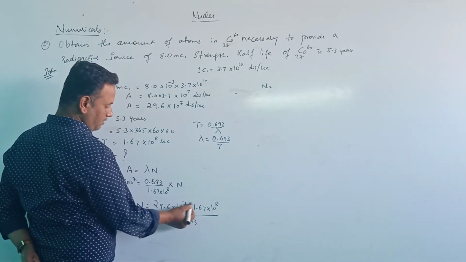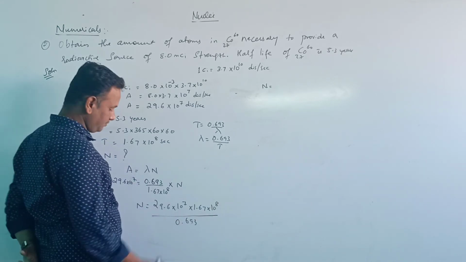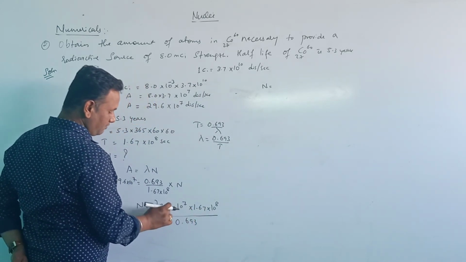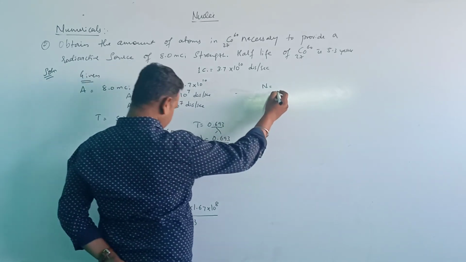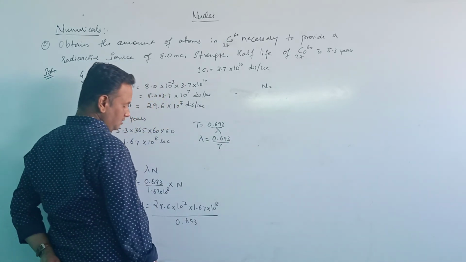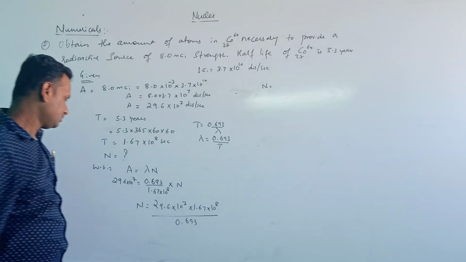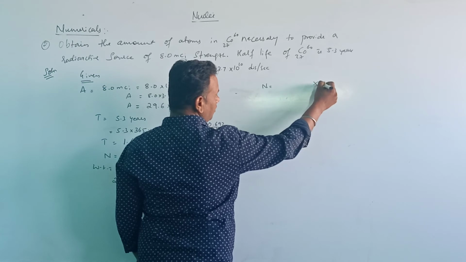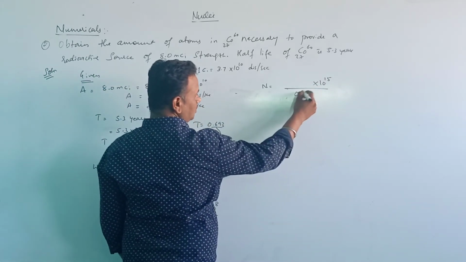Here 7 plus 8, it is 15. Okay, N is equal to 29.6 into 1.67. How much is 29.6 into 1.67? So multiply, how much are you getting? 49.432 into 10 to the power of 15, divided by 0.693.